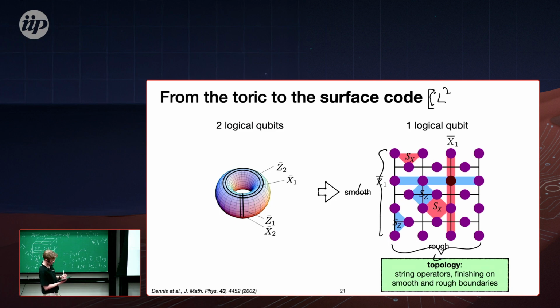I have L squared on this outer lattice, but then I still have this inner lattice, which now only has exactly (L minus 1) squared. Then I already told you we encode one logical qubit. And the distance, so what's the minimum weight of such a logical operator, X or Z?